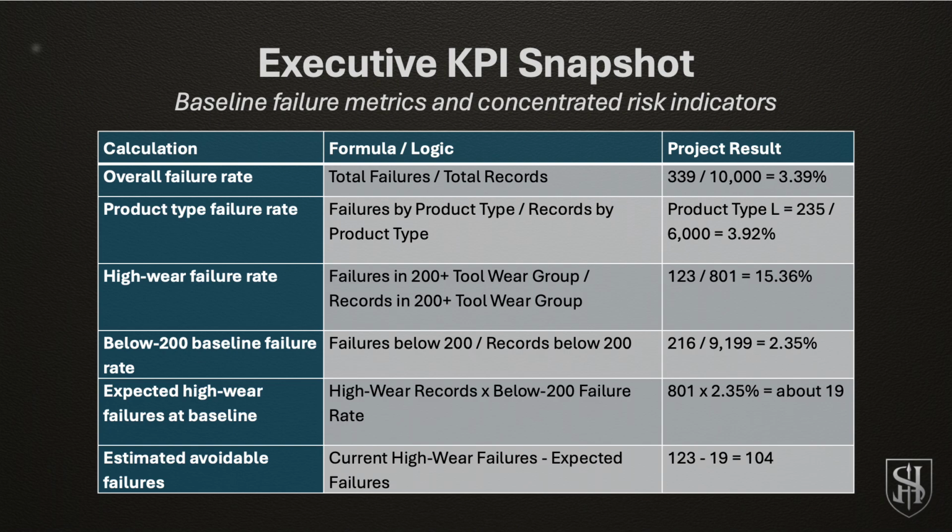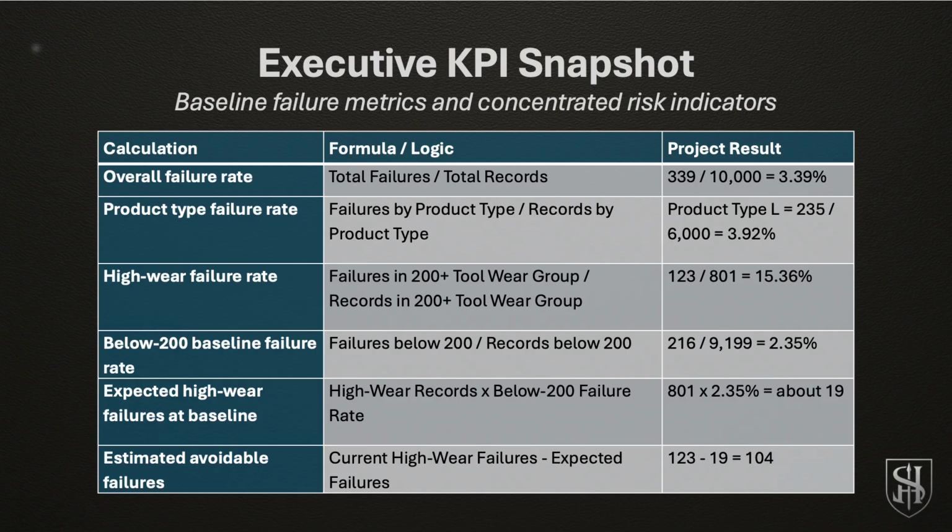It is not a guaranteed savings figure. The dataset does not include cost per failure, downtime duration, equipment criticality, maintenance capacity, or production scheduling constraints. Therefore, the 104 avoidable failures should be treated as a decision support estimate, not a confirmed operational result.